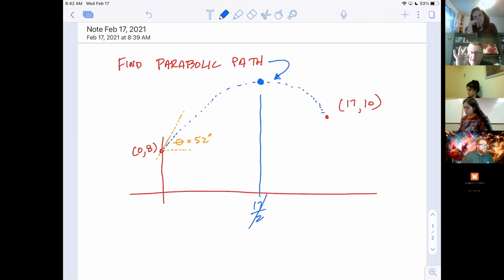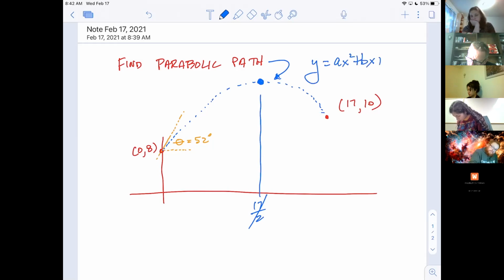If you had 3 ordered pairs, then you could find this equation using 3 equations, 3 unknowns in the matrix function of your calculator, but you don't. You know 2 ordered pairs, and you know the angle that it left at. So what I said yesterday was, well, don't all parabolas look like this?